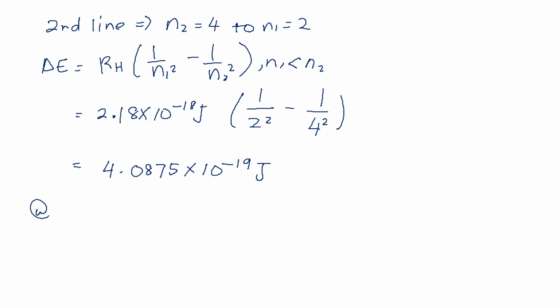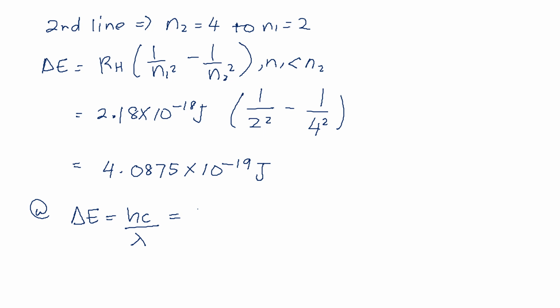Besides using RH times 1 over N1 square minus 1 over N2 square, we can also use the formula delta E equals hc over lambda. If you still remember, we have also calculated the value of lambda before.